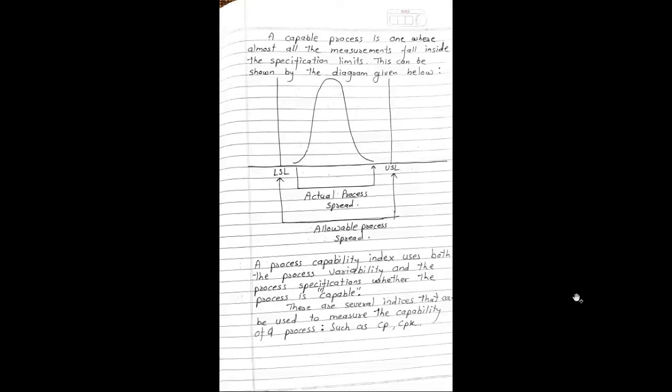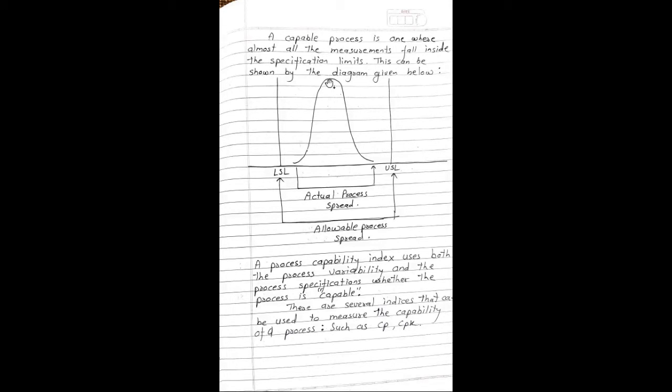To do this, we compare the natural variability of a stable process with the process specification limits. A capable process is one where almost all the measurements fall inside the specification limits.